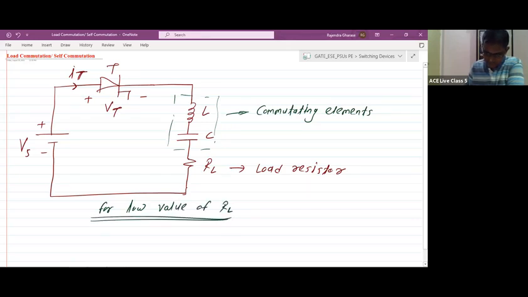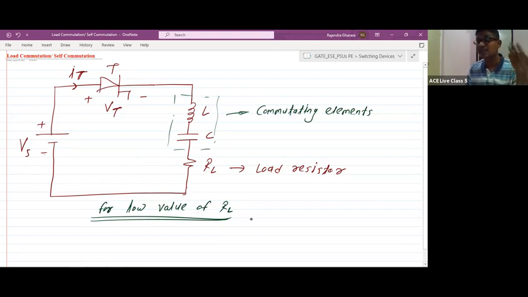So now, let us discuss here the forced commutation technique, in that the load commutation or the self commutation. Input is a DC voltage Vs, thyristor T. So here it is a supply, here it is a main switch, that is a thyristor, and here we are having a load. Apart from source, thyristor, that is the main switch, and a load, the elements we are having are the inductor and capacitor.